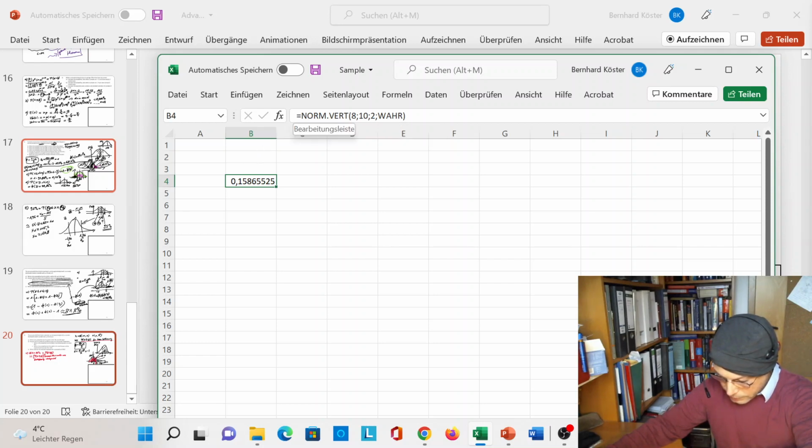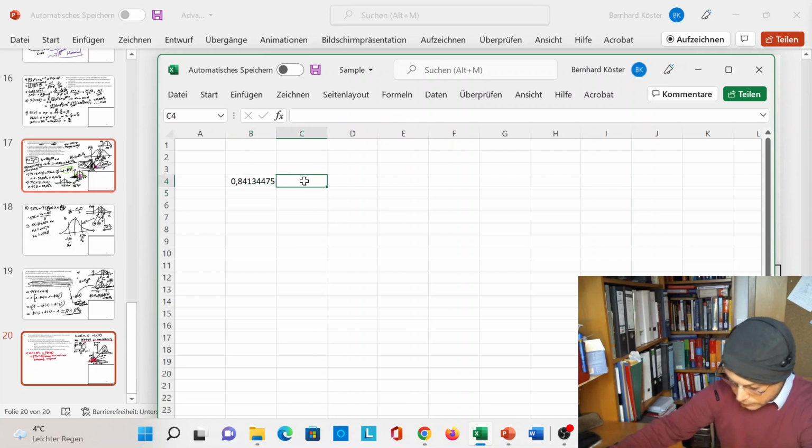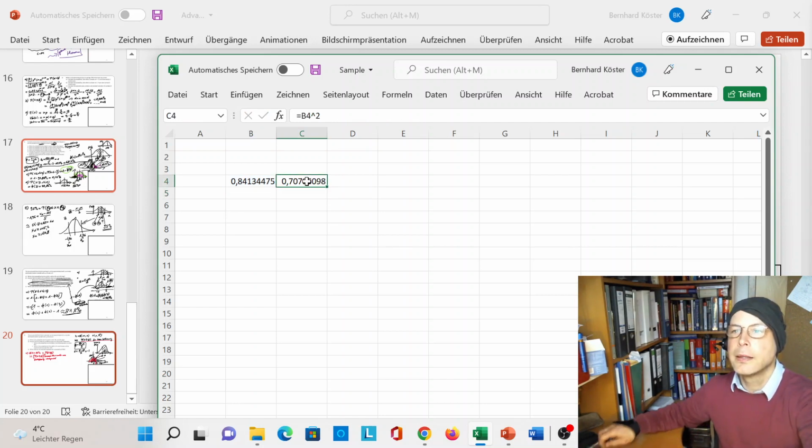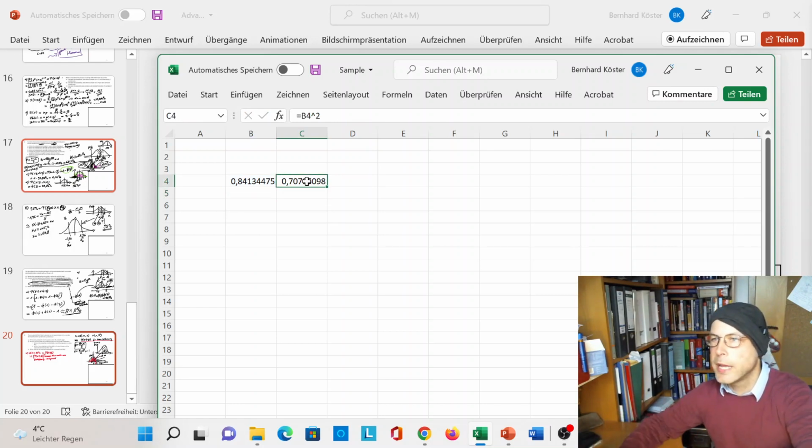H2, then we have to take 1 minus, and then we are at the 8,4, and this squared. 0.7 is quite good.